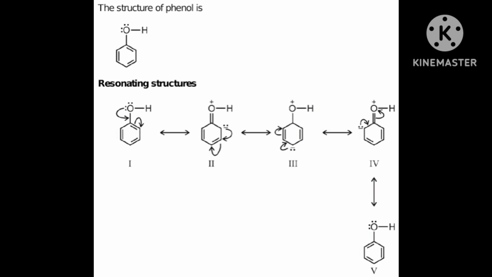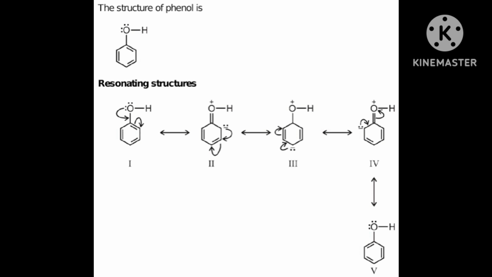It will go back. This carbon number 6 has an electron pair that will make a double bond between carbon number 6 and carbon number 1.